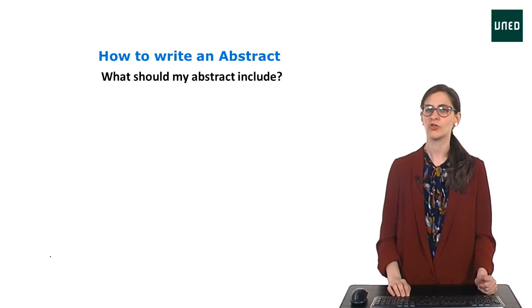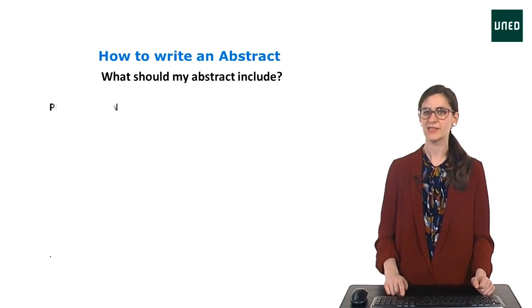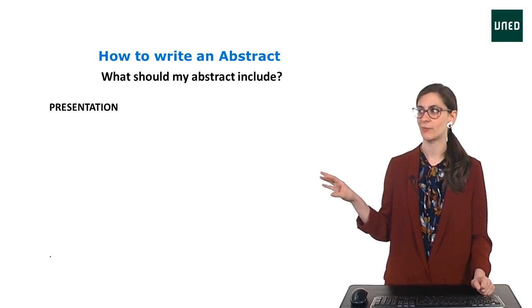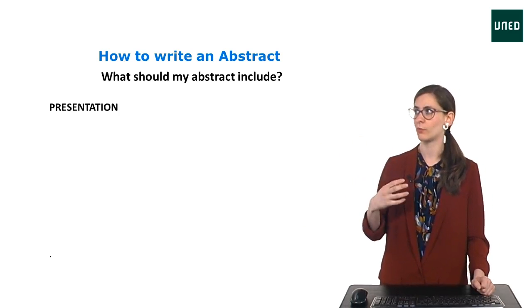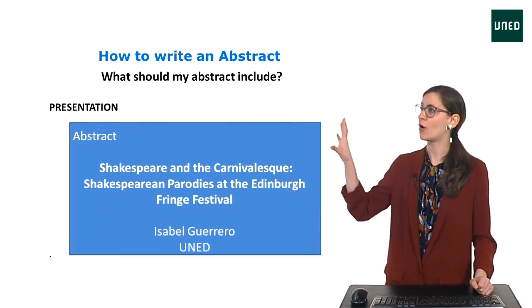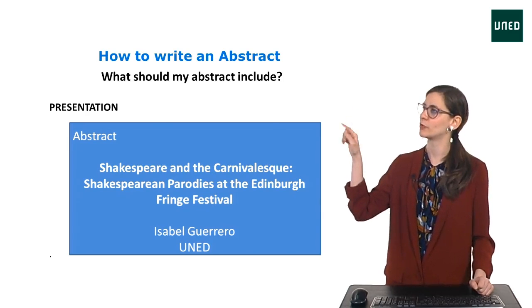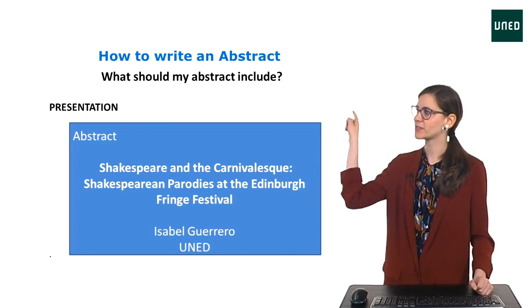Okay, so what should my abstract include? And here we're going to have a look at two main things. First, we'll see some details about the presentation of our abstract, and then we'll move to the structure. Regarding the presentation, this is how the top of your abstract will look like. Imagine that this blue square is a page, okay?